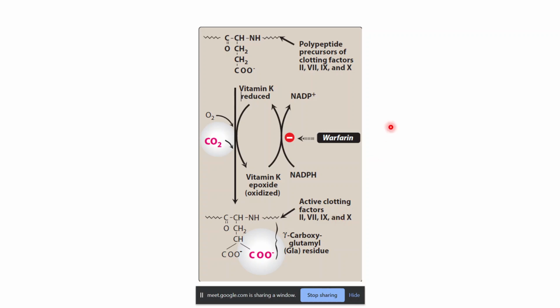So its onset of action is very long, and it is not useful in emergencies, but is useful for chronic treatment. Warfarin is used for prevention and treatment of stroke, and it is rapidly absorbed after oral administration and bound to plasma albumin, and that is why it's long acting.